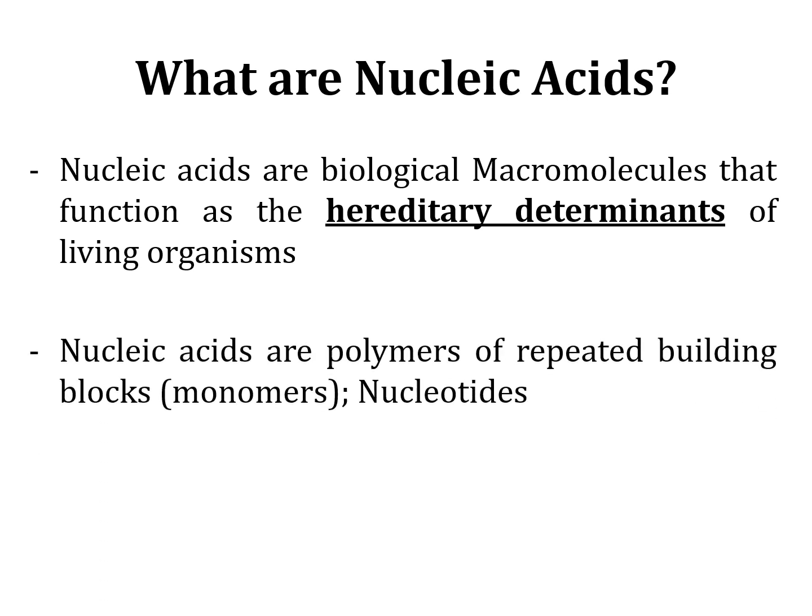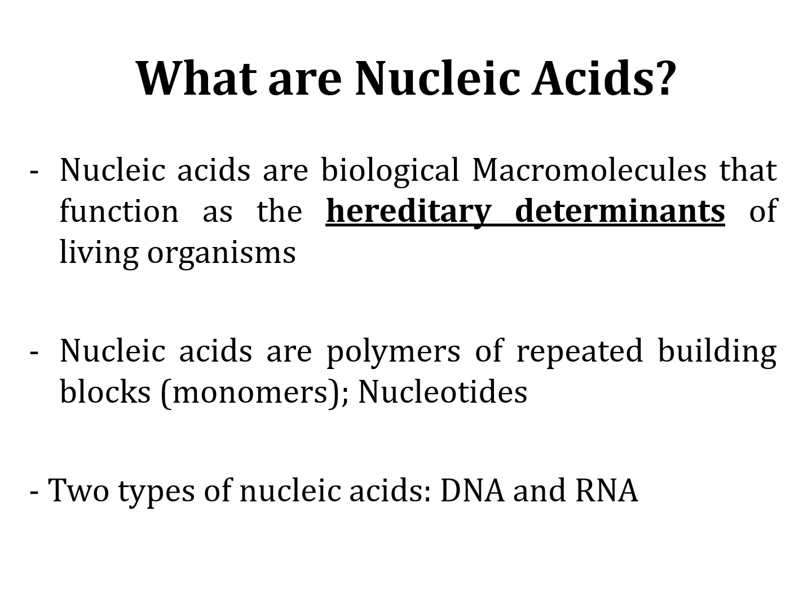Now, nucleic acids are polymers of repeated building blocks, and you have learned this already. These small building blocks, these monomers, are called nucleotides. There are 2 types of nucleic acids, as you have already learned, DNA and RNA.